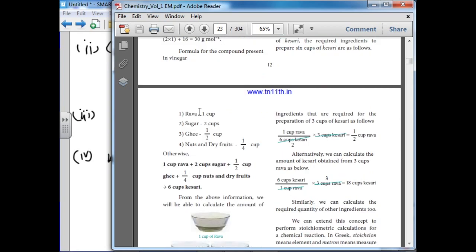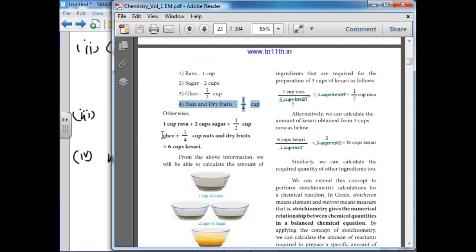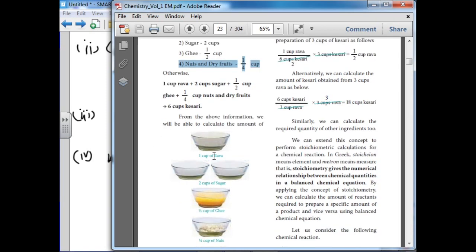6 cups of kesari can be prepared by 1 cup of rava, 2 cups of sugar, half cup of ghee, and 1/4 cup of nuts and dry fruits. This is the preparation: 1 cup of rava plus 2 cups of sugar, half cup of ghee plus 1/4 cup of nuts and dry fruits gives 6 cups of kesari.